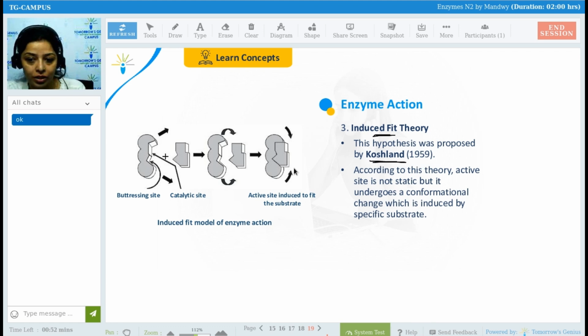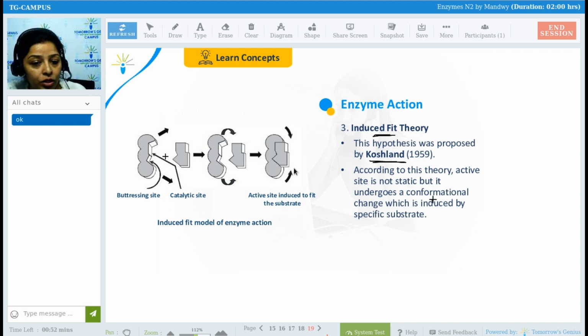As per this hypothesis, the active site, what is the active site here? This one. This is the active site of enzyme. As per this theory, the active site is not static, but it undergoes changes. What type of changes? Conformational changes.